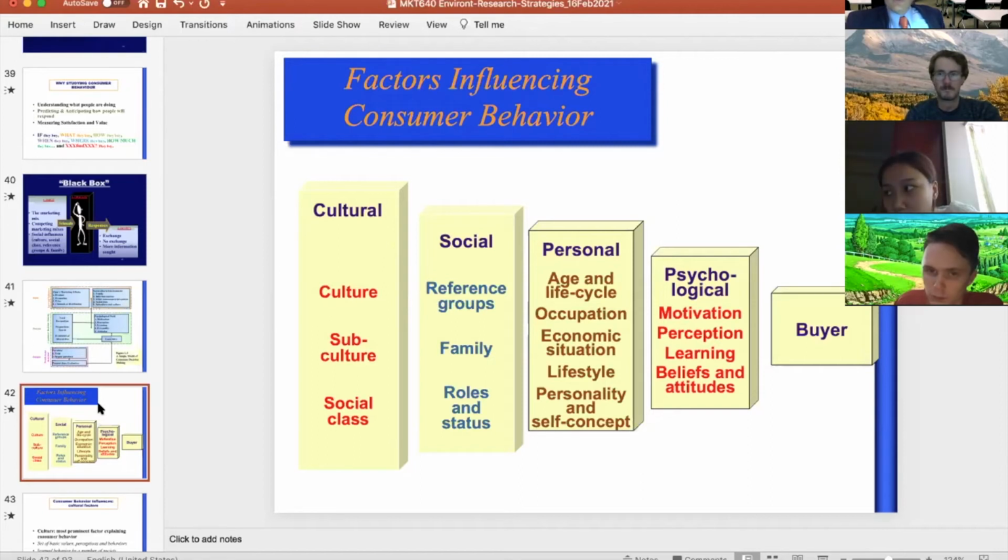The social influence is the second most important, which is which reference group you belong to. Maybe a music group, maybe students, maybe you have a position in a job and all that. The family: if you have a brother, a sister, a son, or daughter, the role that you play, maybe you have some leadership and status in some area.